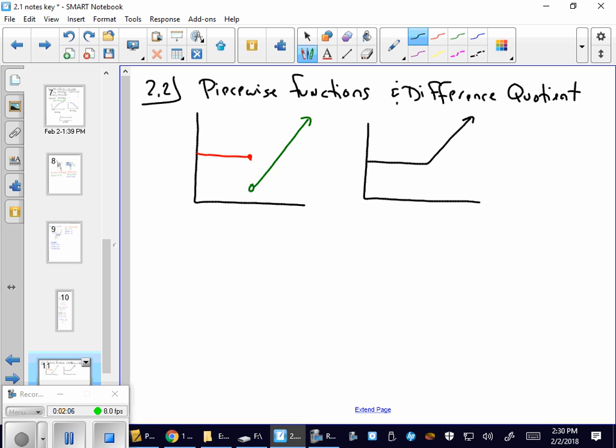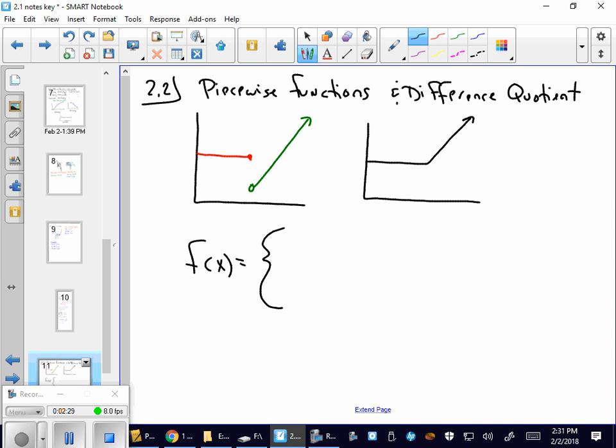So what we're going to do is talk about how you evaluate a piecewise function, how you would read that. So a piecewise function, when you write it, is going to look something like this. f of x equals, and then they use the brace notation to indicate that you've got multiple pieces making up this function.